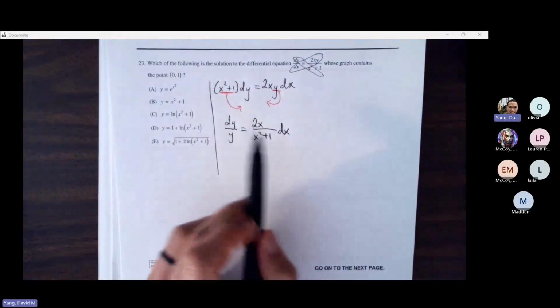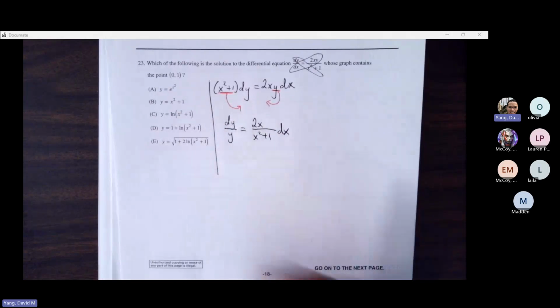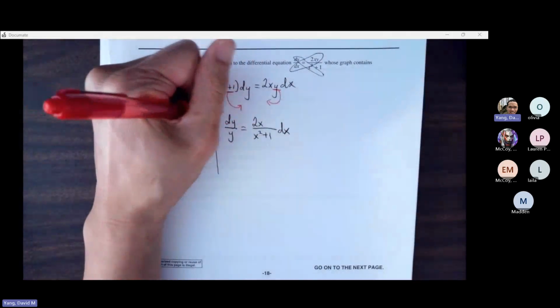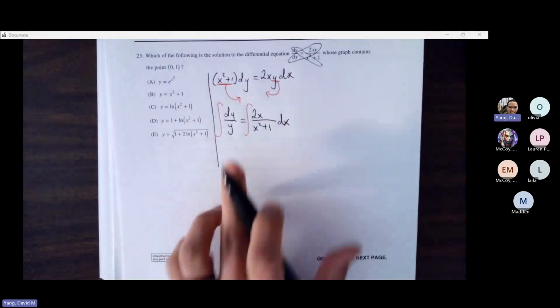So once we make that double substitution, now we have full separation of variables, and now we can explore integral rules. The left side is just natural log.